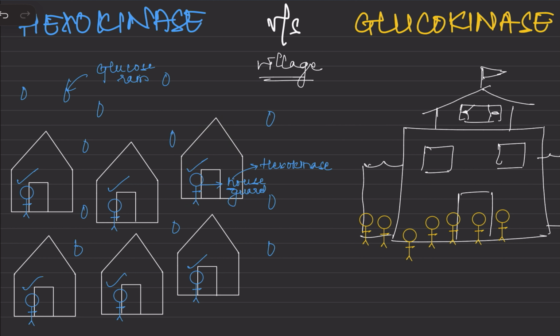What is the function of glucose 6-phosphate? Once it enters and forms glucose 6-phosphate, this glucose 6-phosphate will then undergo glycolysis. Glycolysis is a process where we take in food, which is glucose, and we break it down to form energy. So this house will get filled with glucose 6-phosphate and it will undergo glycolysis.